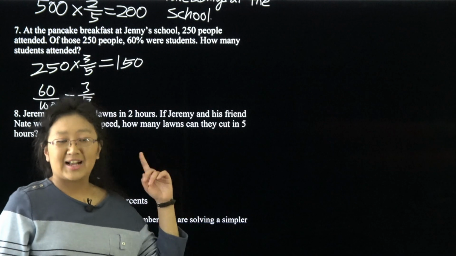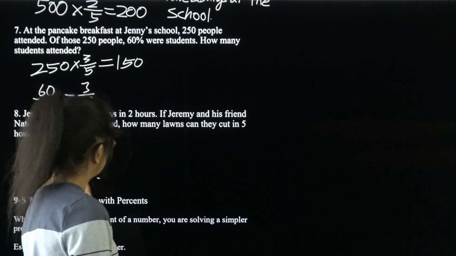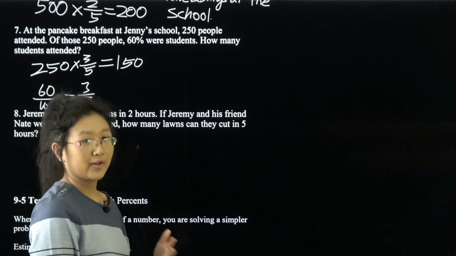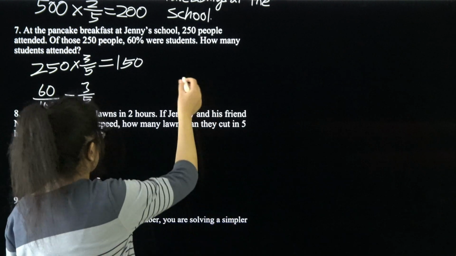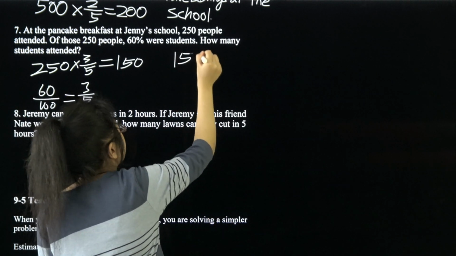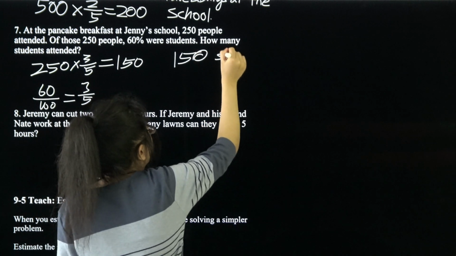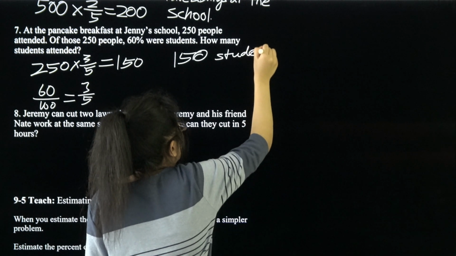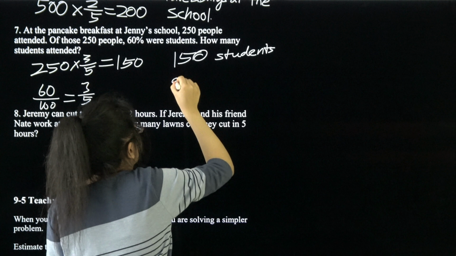I recommend that you actually do these calculations on a piece of paper or something, because it's easy to accidentally mess up unless you've been doing these calculations for a very, very long time. So 150 students attended.